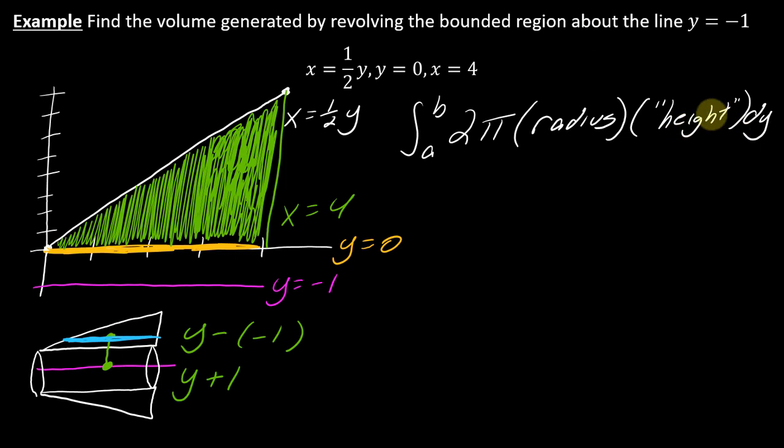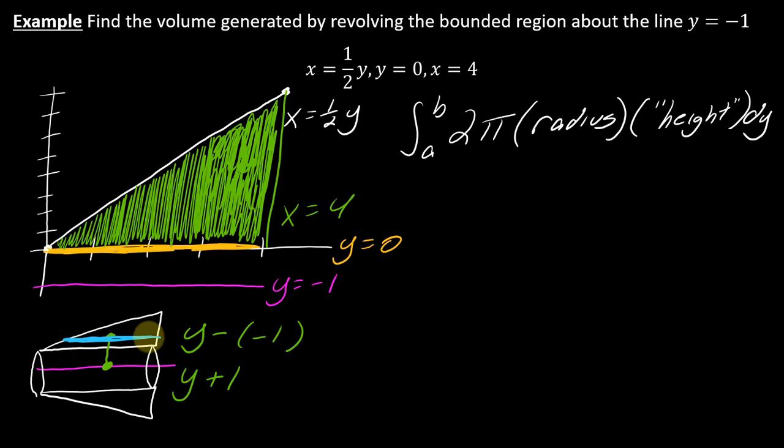I like to think of everything in terms of height, and I just reorient myself. So this is the height if I turned 90 degrees. But some people prefer to think of this as width when they're integrating with respect to y. It doesn't really matter how you think about it. I just need to know how to write this calculation going from one way to the other.